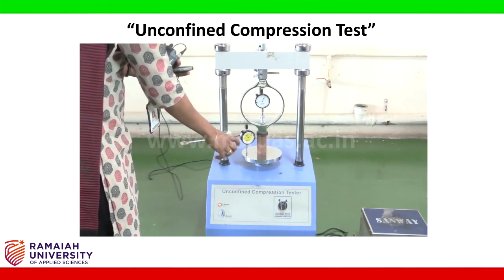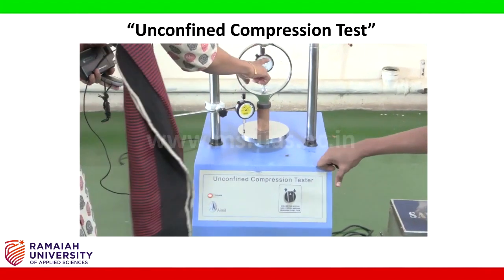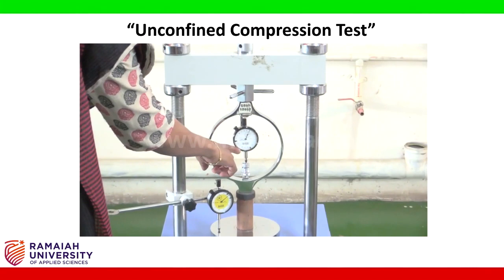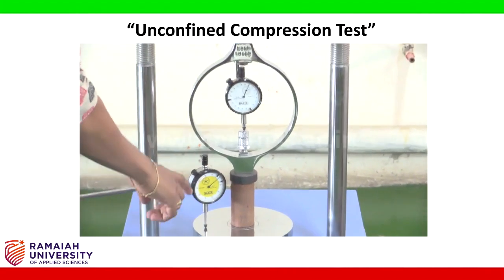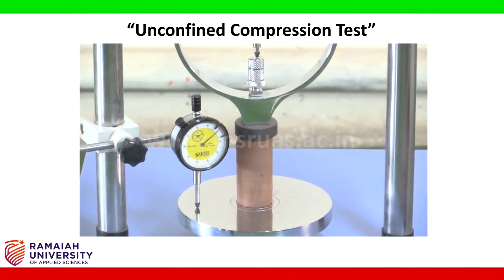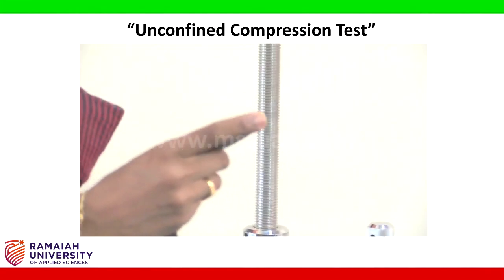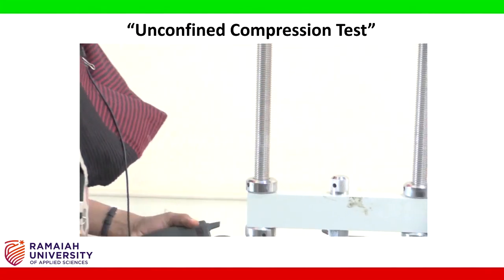Now we will start the experiment. Observe the readings at the required intervals for the proving ring and dial gauge, and if you want, you can measure the time for each reading also.